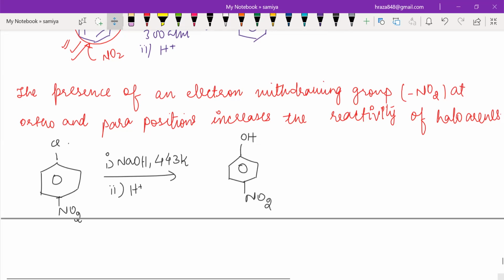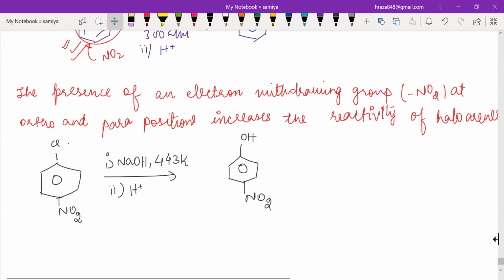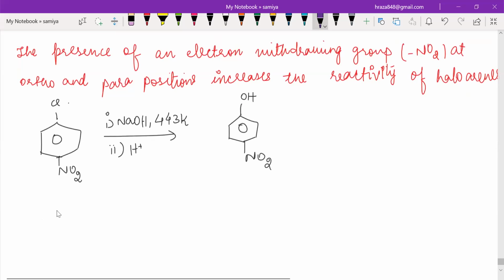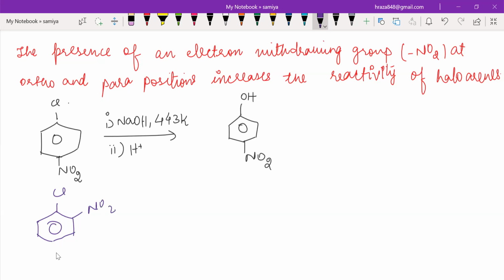Now again you can see, if you add one more NO2 to this, this is Cl, and NO2 at ortho and at para with respect to Cl. The condition will be now again very low, like NaOH, 368 Kelvin, followed by acidification, that is H plus.